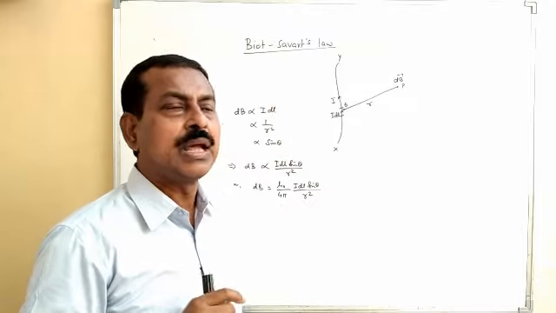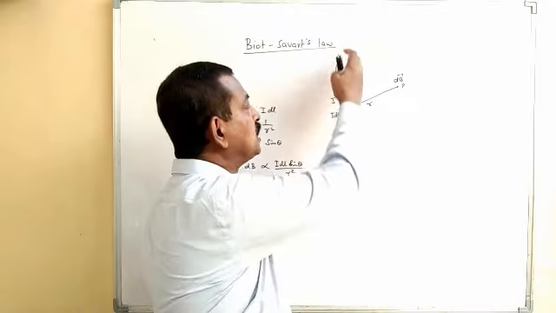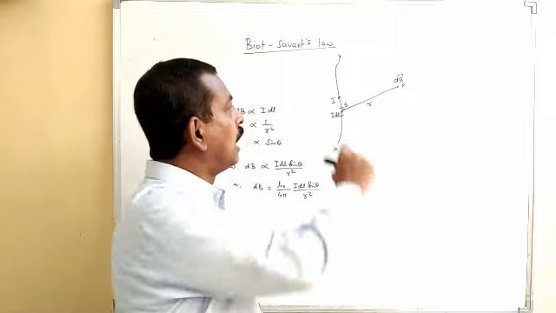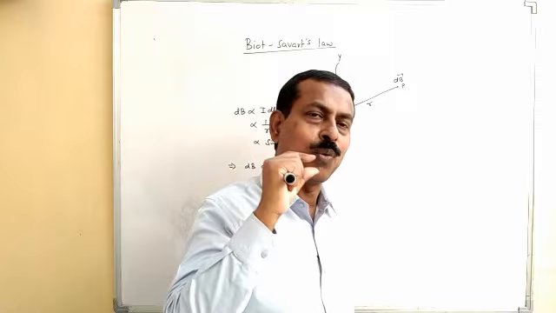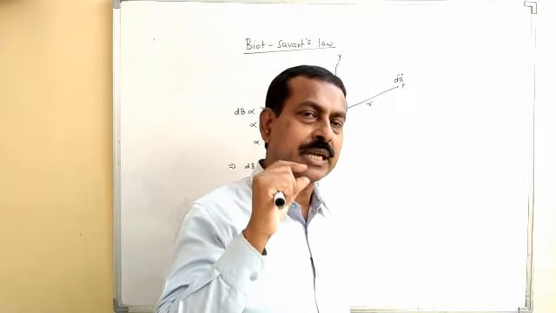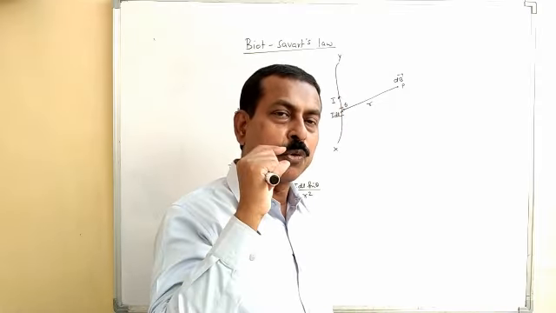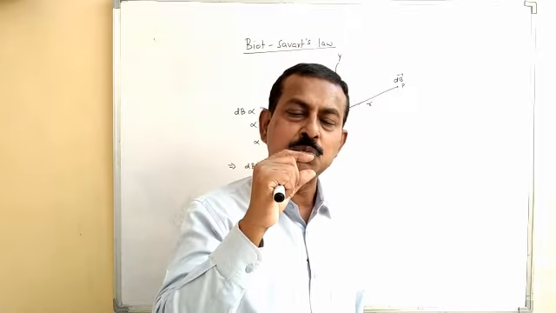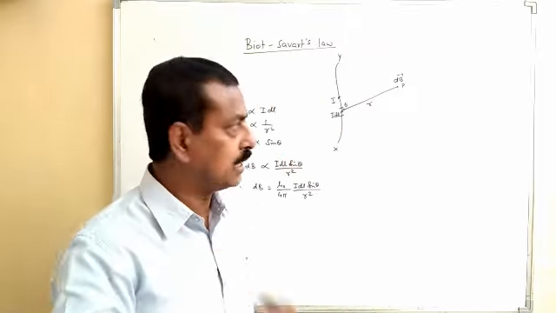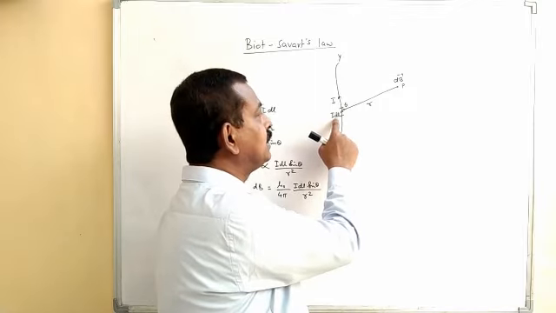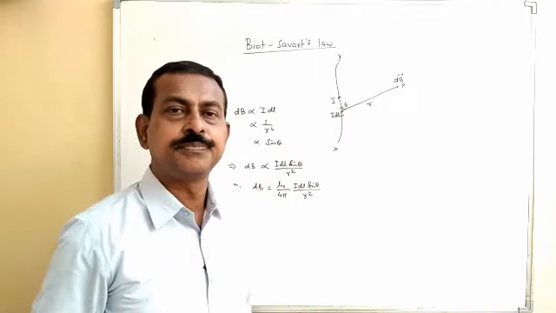Suppose you have a wire carrying current I. We take a small element of that wire, and the product of current and the small length is called the current element. Here we can take I dl as the current element.